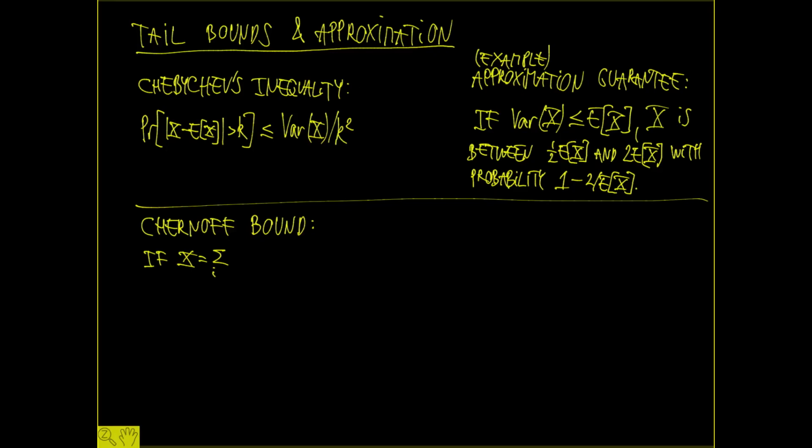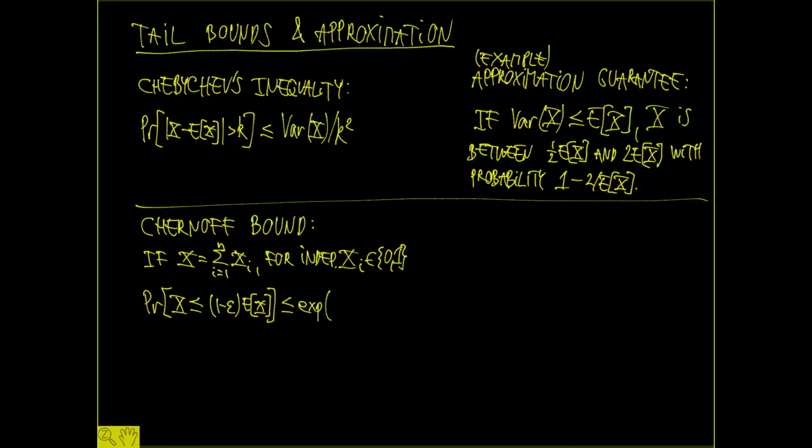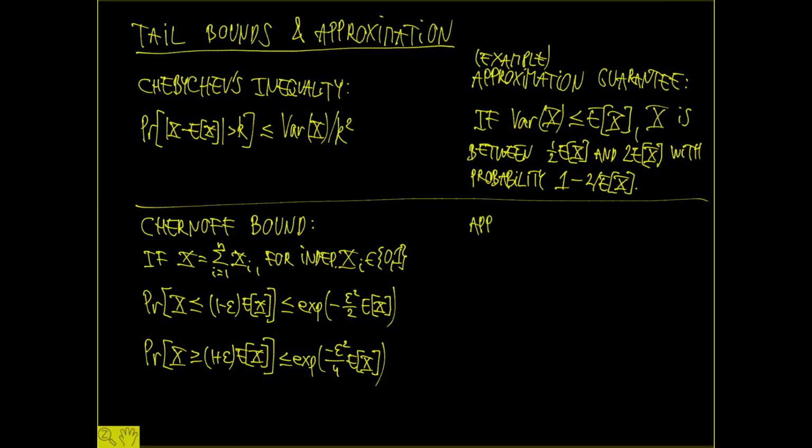The Chernoff bound gives considerably better bounds if we are far from the expectation, and also tells us something quite close to the expectation. So again, remember that we are considering a sum of random indicator variables. The probability that we get something that is at most 1 minus epsilon times the expectation, or 1 plus epsilon times the expectation, is exponentially small in the expectation, as I claimed before. And the constant in the exponent is related to epsilon squared.